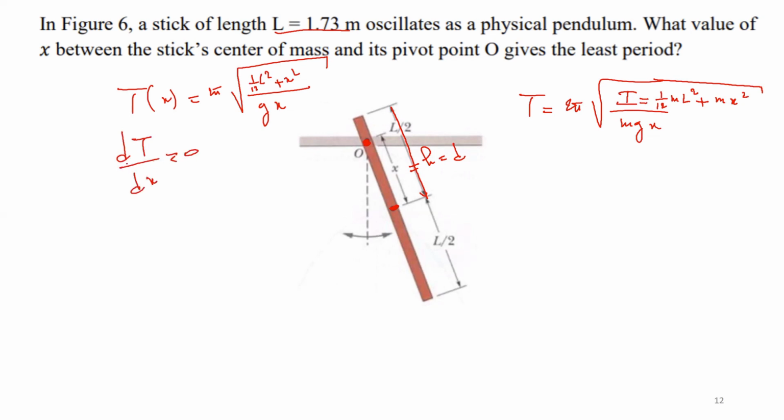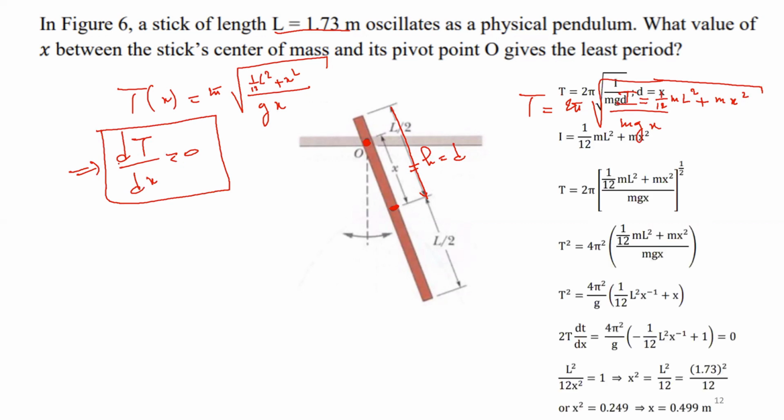When I am asking for the maximum or minimum of a function which depends on a variable, I should look at the derivative. When the derivative is 0, I have an extremum, maximum or minimum. So this is what we did here.